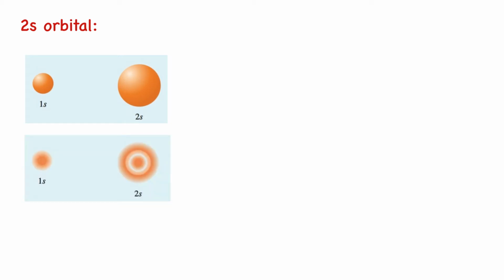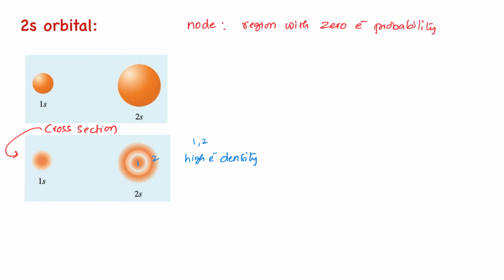If we look at the cross section of this 2s orbital, that is, cut the sphere halfway, we see that there are two regions of high probability separated by a region where the probability of finding an electron is 0. This region, where the probability of finding an electron is 0, is called a node or nodal surface.